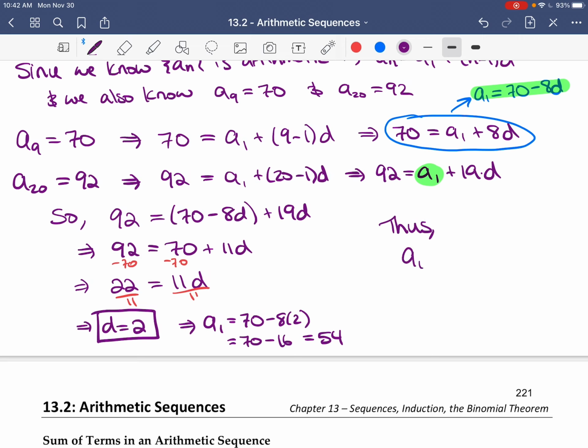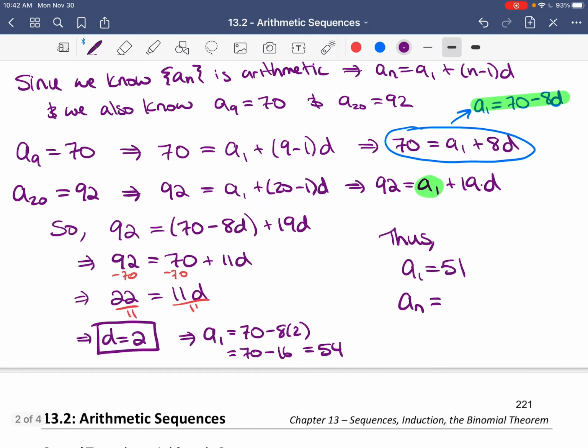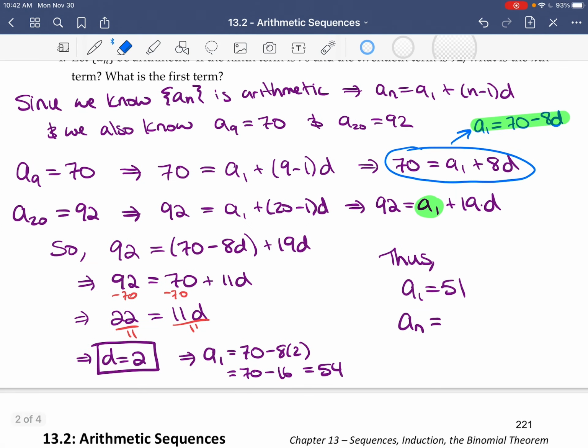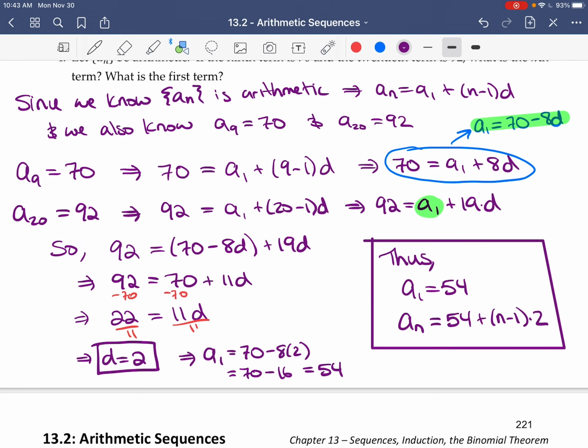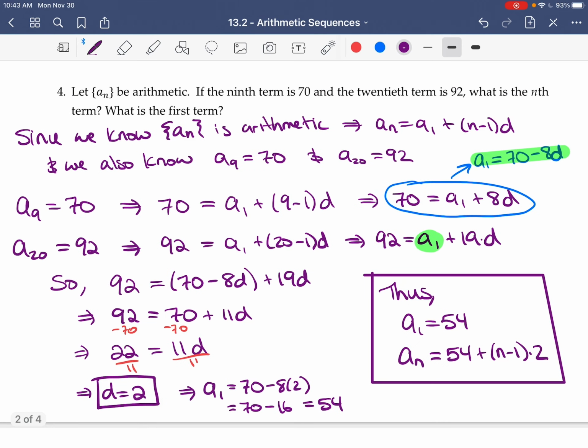The nth term is going to be a1, so 54 plus n minus 1 times 2. So I found the first term and the formula for the nth term. That's what you can do if you know it's arithmetic and you know two terms: you can solve for a1 and d.